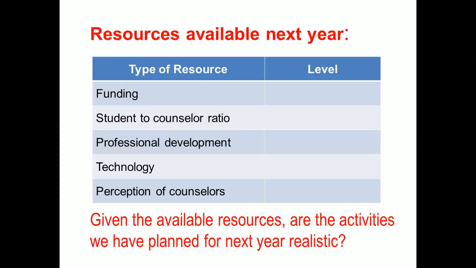And also it may be that you don't have the perceptions of the counselors, and that's something that you need to go back and add some activities about, what kids think about their school counselors, because they're not going to engage in the activities if they don't have a high opinion of their counselors. Okay, so this is your last chance to say, oh man, I need more activities or more resources. And if you don't have the resources, then go back and take out the goals that you can't reach because you don't have the resources you need.